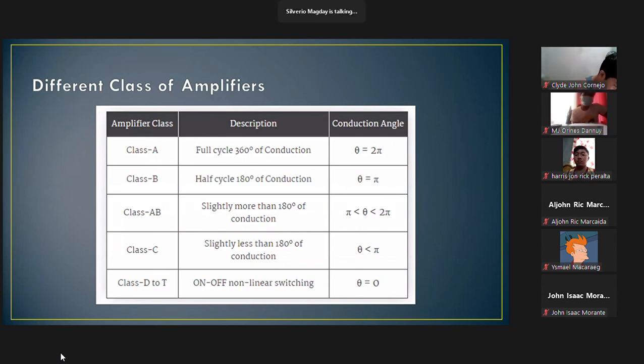Different class amplifiers. So you have your class A, class B, class AB, class C, and then class D. To easier understand, you have there the description kung paano yung conduction ng every one of these amplifier classes. So pag class A, 360 degrees; pag class B, 180; class AB, more than 180 degrees but less than 360; class C, less than 180; tas class D, on-off or nonlinear switching.